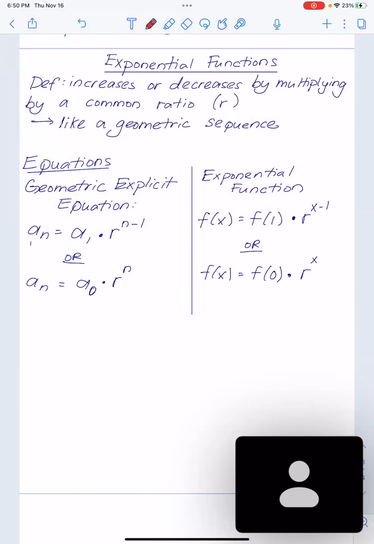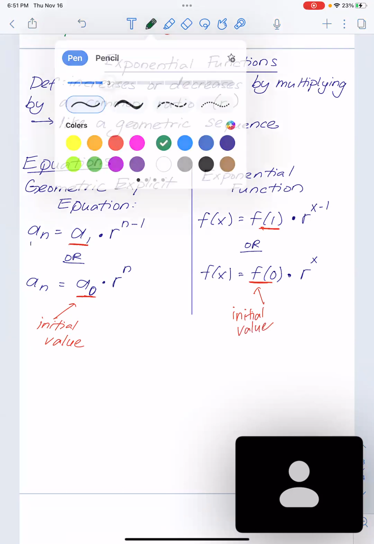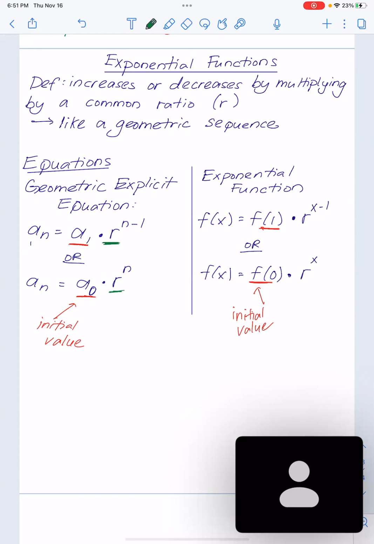The structure is almost identical, where I have here my initial value, and my common ratio r. So these are the same structure in slightly different notation.